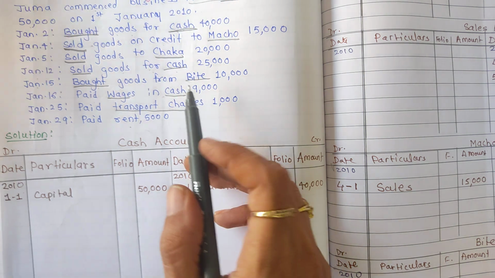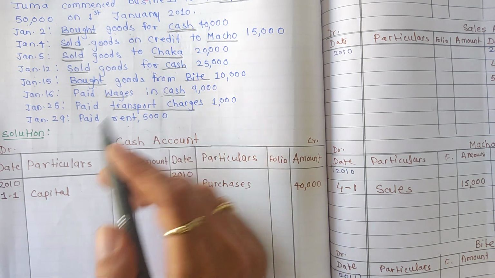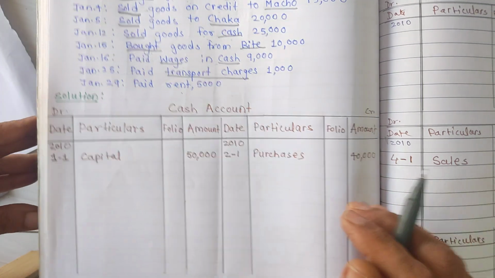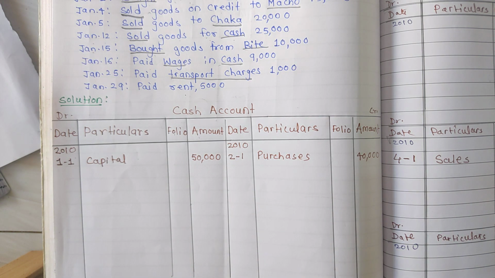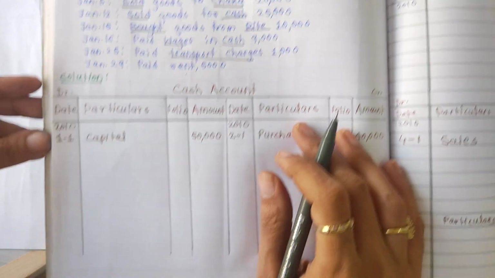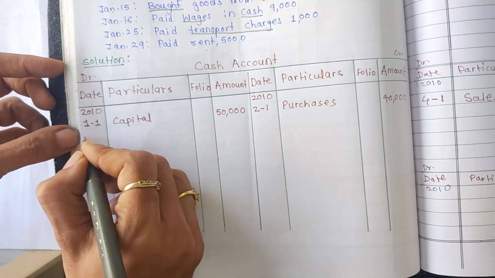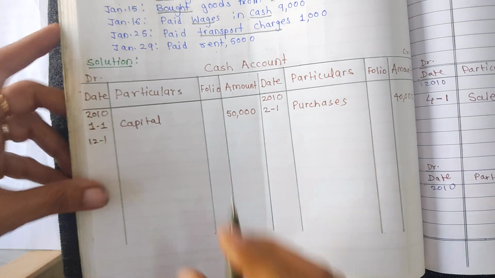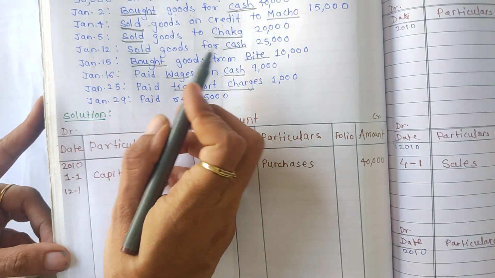So here sold goods for cash. So cash is coming in the business. When we are selling goods for cash, cash is coming in the business. So debit side in the cash account, 12th January. See, entry is on 12th January. Sold goods for cash.